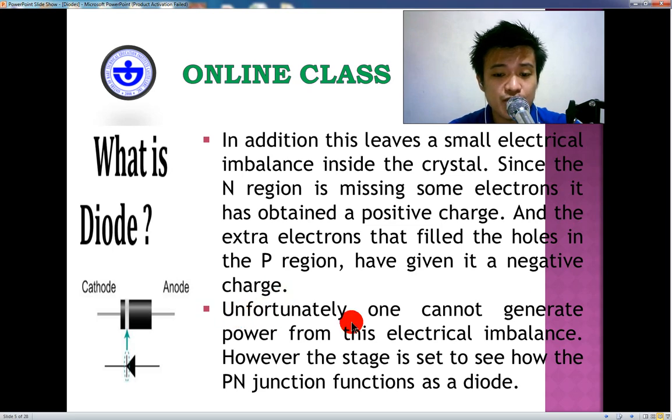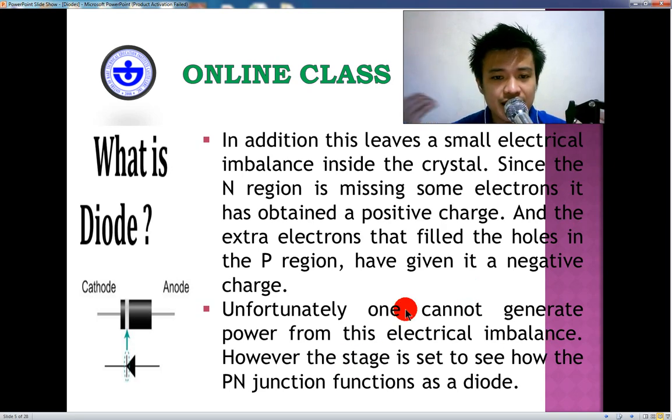Unfortunately, one cannot generate power from an electrical imbalance. However, the stage is set to see how the PN junction functions as a diode.